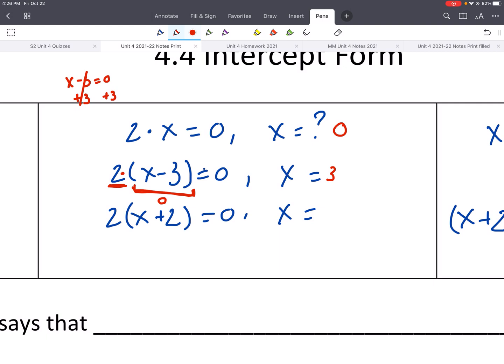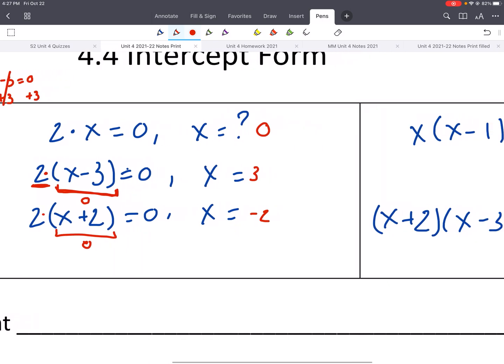And if you plug that back in, 3 minus 3 is 0, and 2 times 0 is 0. Okay, so what about the next one? Why don't you give that a try if you haven't yet? Obviously 2 isn't 0, so what does x need to be to make that be 0? So hopefully you said, oh, it's got to be negative 2.